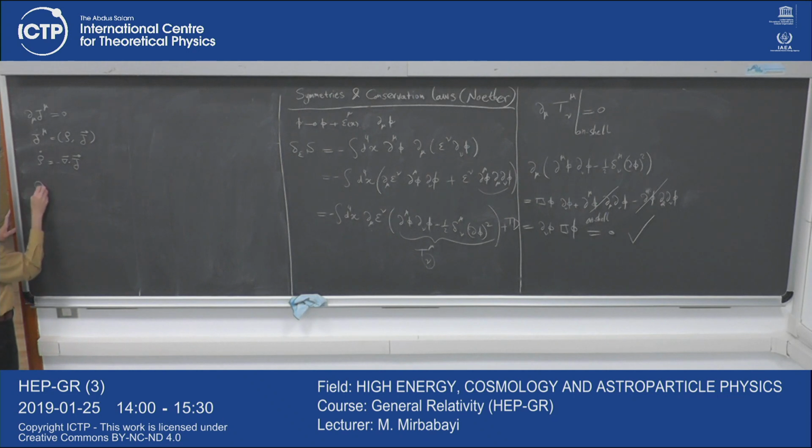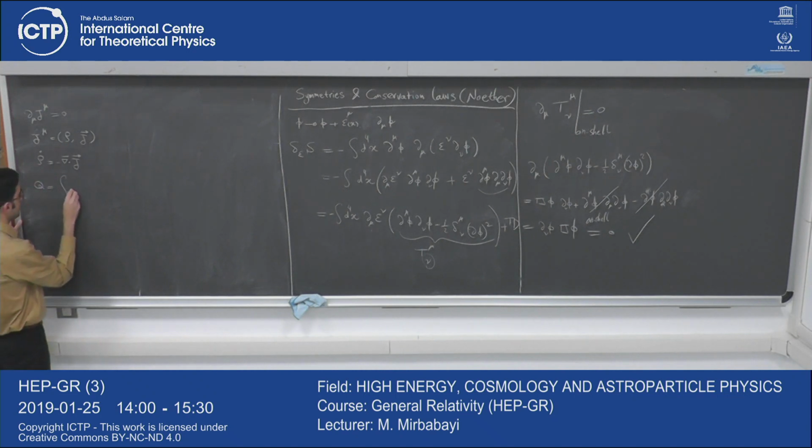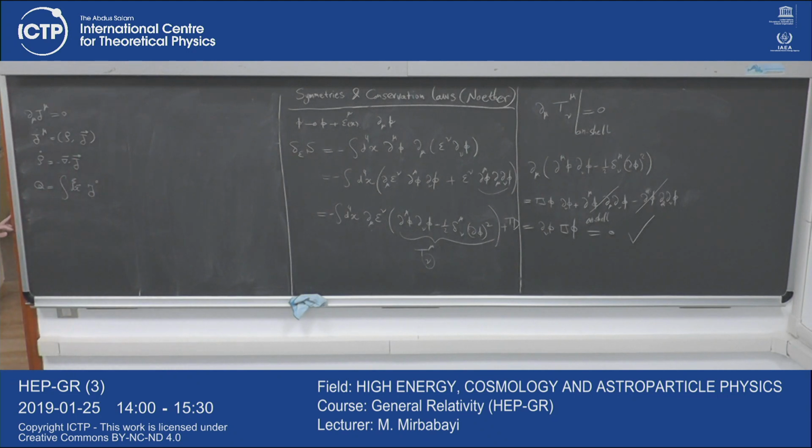Now we can introduce a global charge by integrating that zeroth component over the whole space, Q equals the integral d3x j0, which is rho. And this total charge is conserved because of our conservation law.